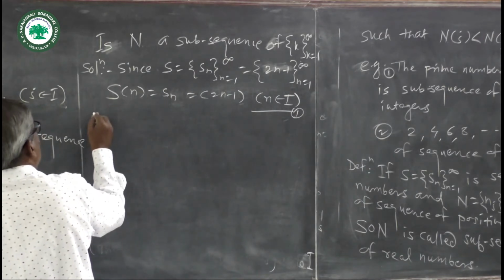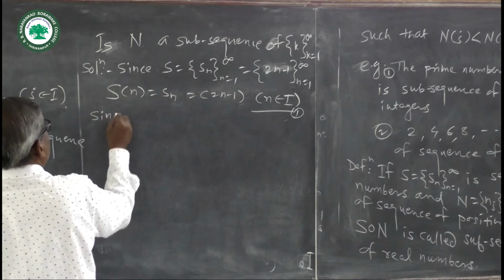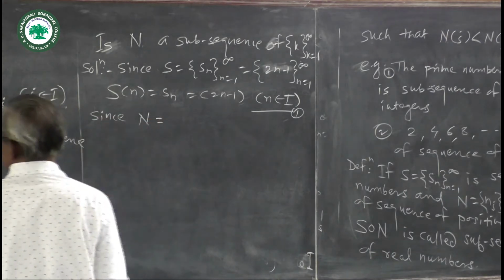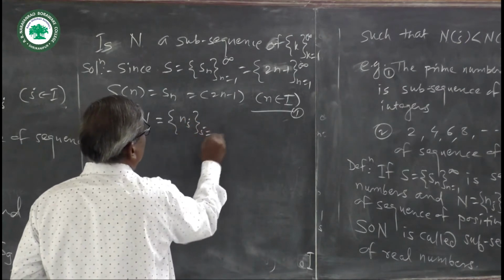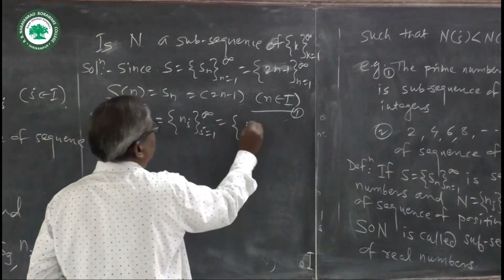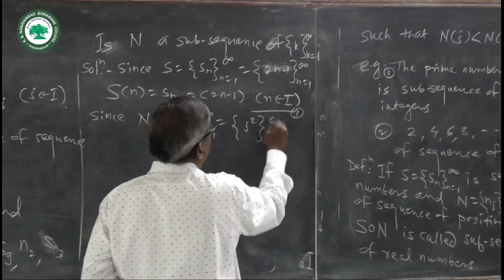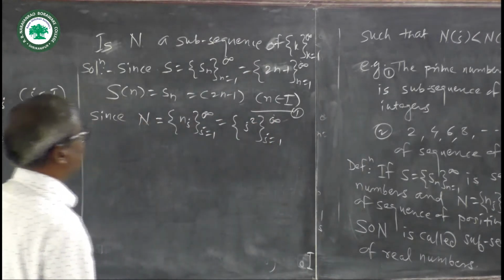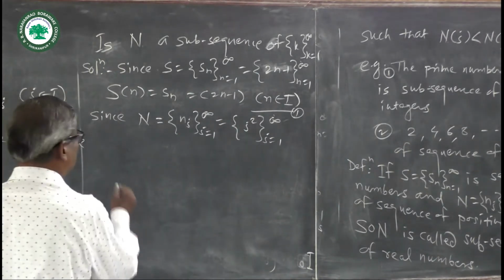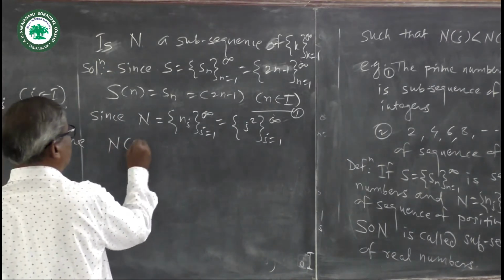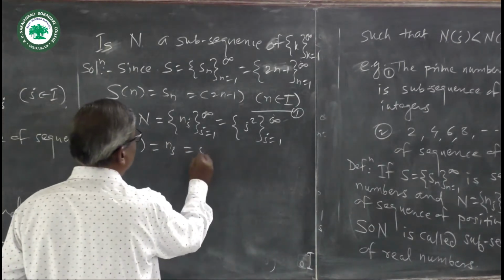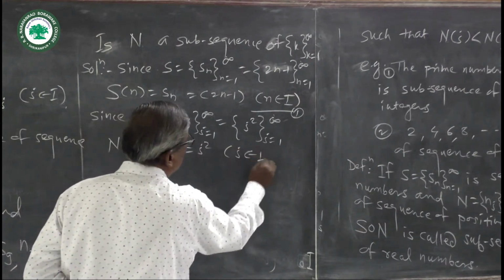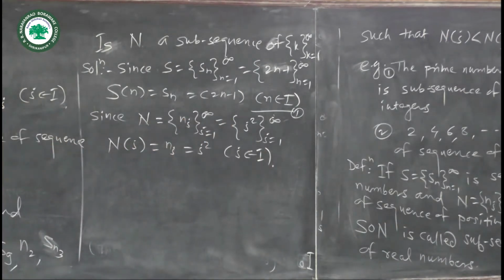Again, since capital N is equal to n suffix I, I is equal to 1 to infinity, is equal to I square, this is a subsequence of the sequence of positive integers. Capital N operates on I is equal to small n suffix I is equal to I square for all I belongs to capital I. Capital I is the set of positive integers.